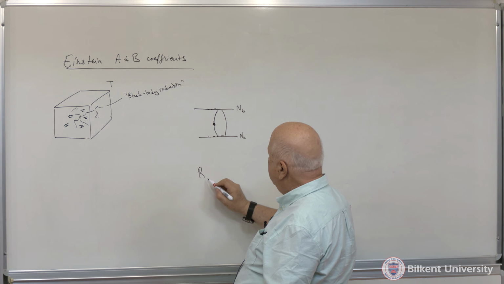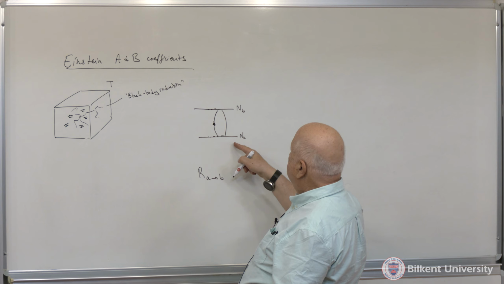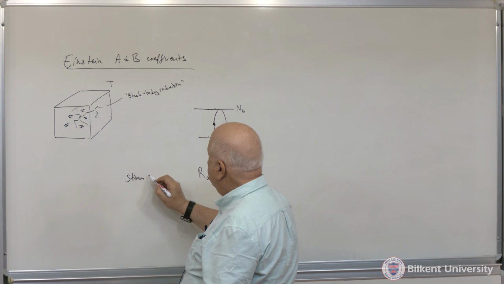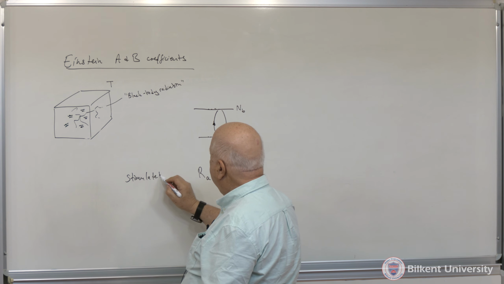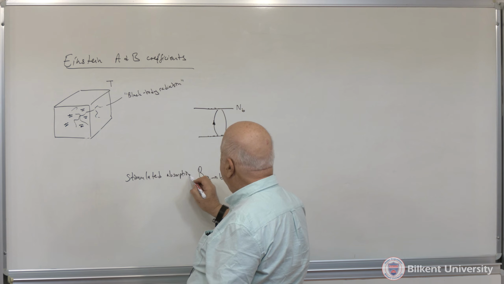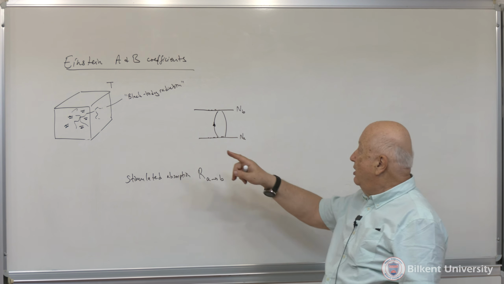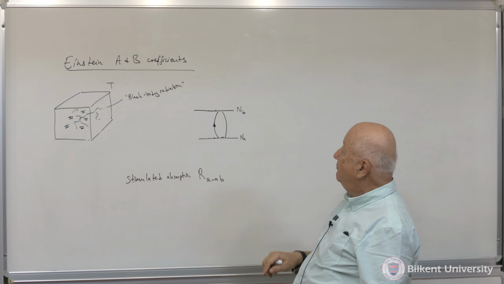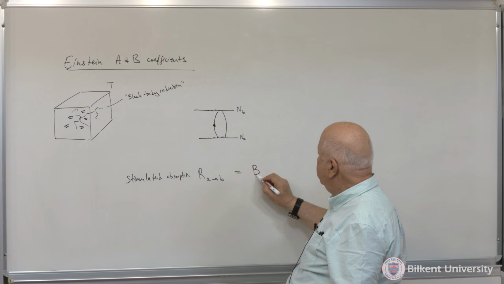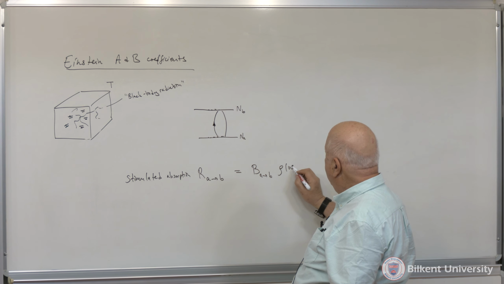The rate of going from A to B, so this is stimulated absorption. There's going to be some electromagnetic wave which comes in and excites the atom from A to B, and he called this coefficient B A to B times rho of omega 0.